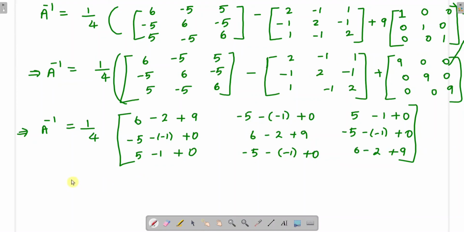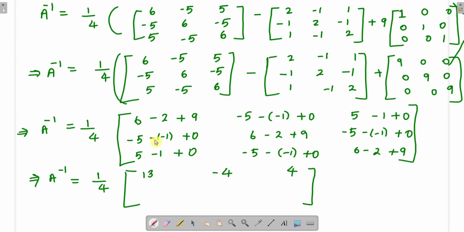So this will be equal to what? 1 by 4, and this is A inverse here. 6 minus 2 is 4, 4 plus 9 is 13. Minus 5 minus of minus 1 is plus 1, so minus 5 plus 1 will be minus 4. 5 minus 1 is 4.